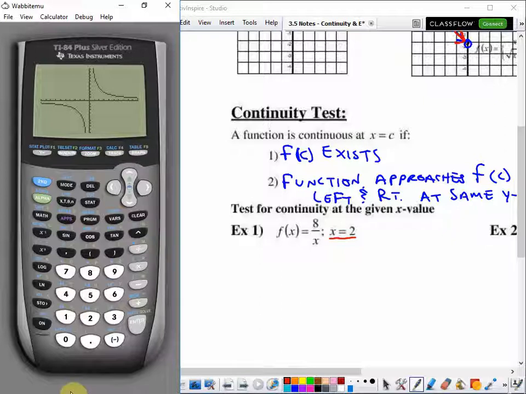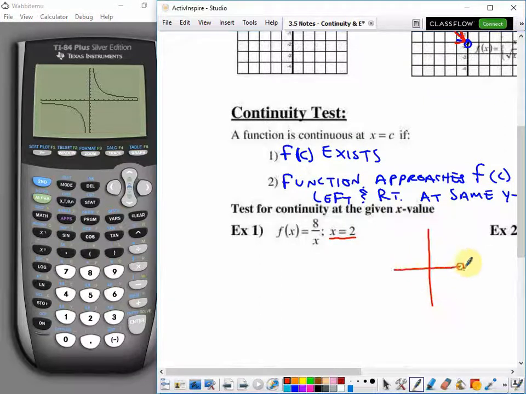And that's what our graph looks like. So I'm going to draw a rough sketch of that graph. Looks about like that. What I'm concerned with is the x value of x equals 2. At x equals 2, is this continuous?